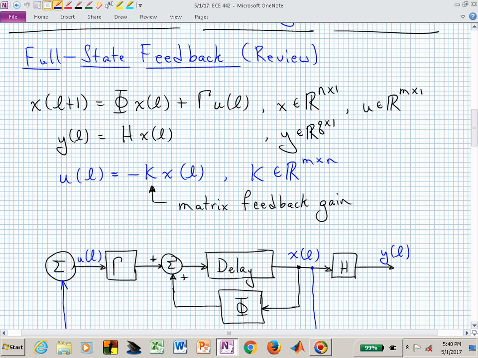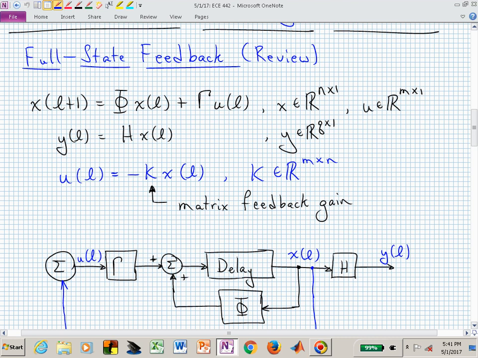H, our output matrix, is possibly tall, but typically in this class it's going to be short and wide, where short is maybe we just have one output and the width of H is consistent with the number of state variables we have. All of these matrices have to be compatible, meaning phi times x needs to produce an n by 1 vector. So phi has to be square, and it's n by n.